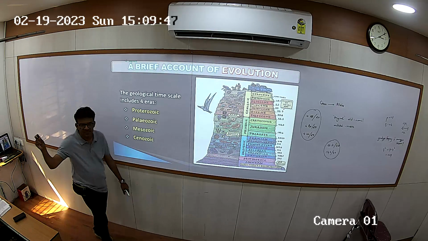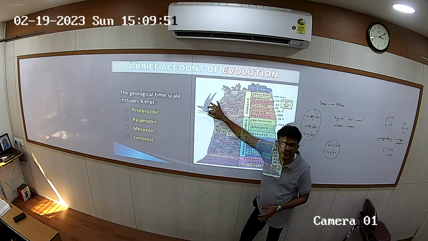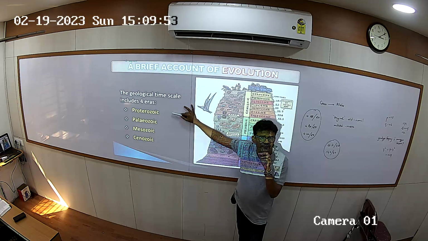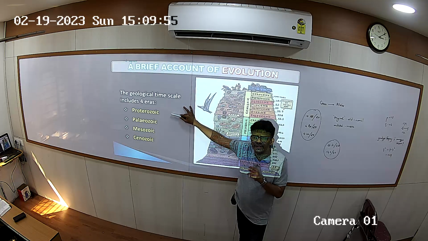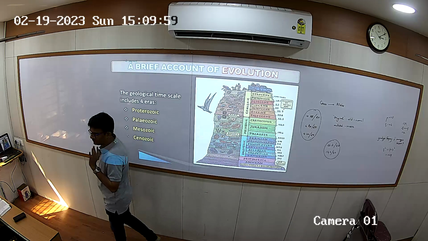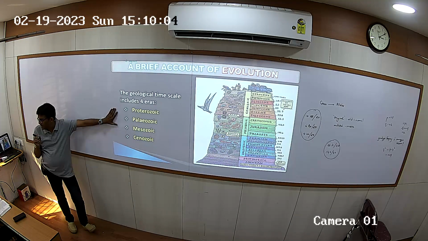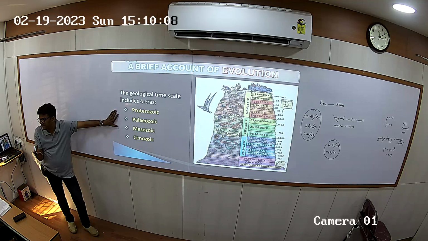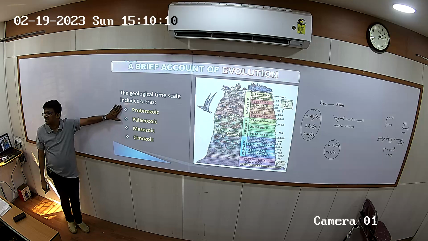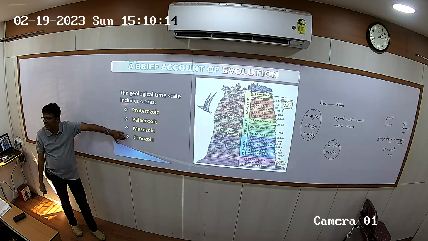Okay, check this. Here 4 eras are given because in the 2 diagrams given in the NCERT textbook, they have not included Azoic and Archaeozoic. If you exclude them and consider only the major changes, then we consider these 4 eras: Proterozoic, Paleozoic, Mesozoic and Cenozoic.